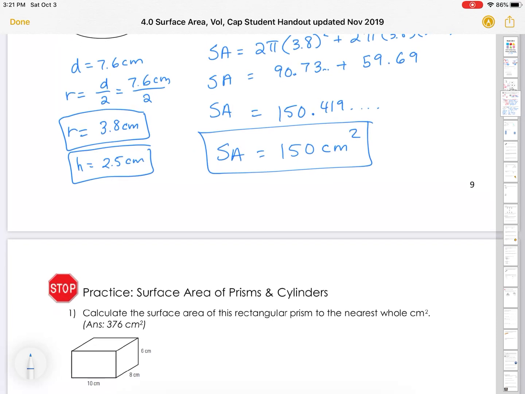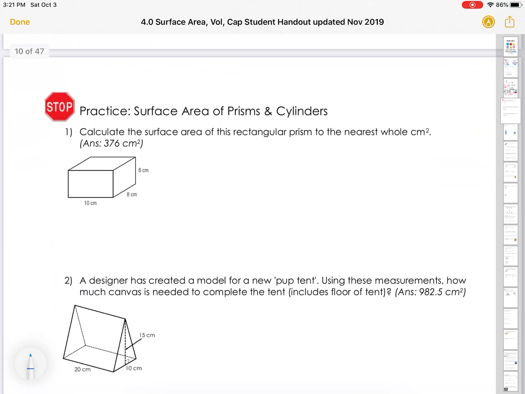Remember, when you're dealing with a prism, looking at these, you're going to want to split it open. You want to think about all the sides that are involved. Sometimes it's hard to visualize that, so it might be good for you to sketch it out, because that will help you. With cylinders, you get a little bit of a break because it's just substituting into the formula. Remember, if your prism has a triangle on the end, you need to have the height.